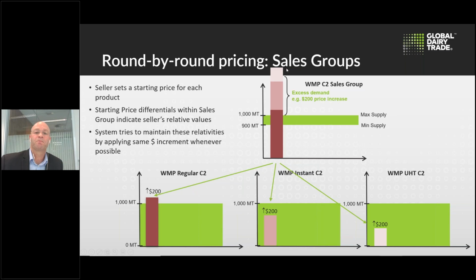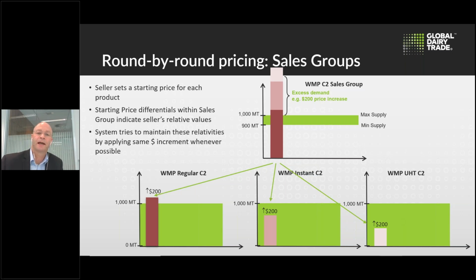So suppose there's sufficient excess demand to warrant a $200 price increase at the sales group, then the regular price will be put up by $200, as will the instant and UHT. They get the same price increment wherever that's feasible, unless there's some constraint preventing that happening.